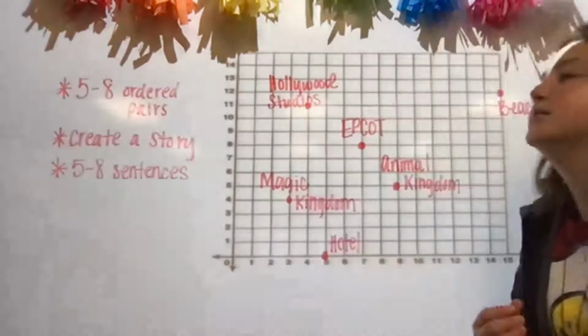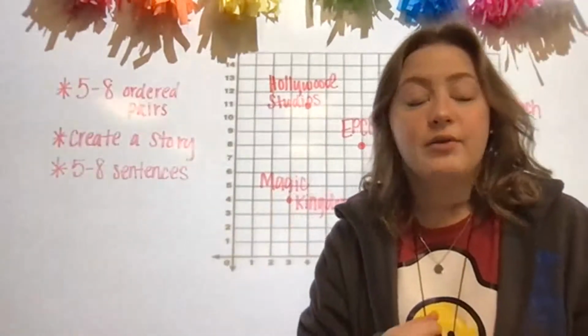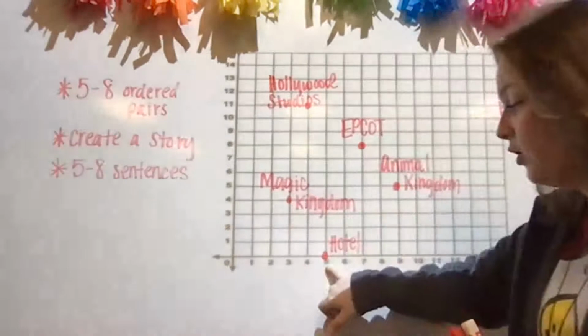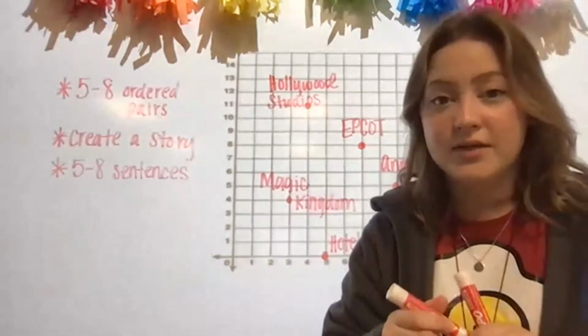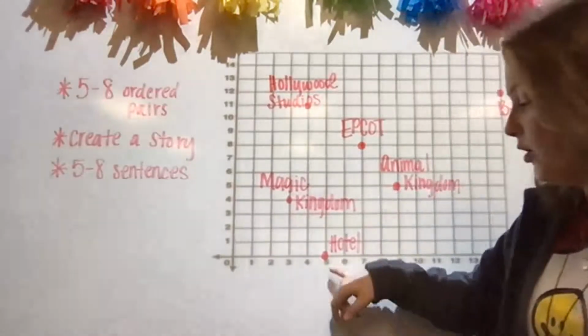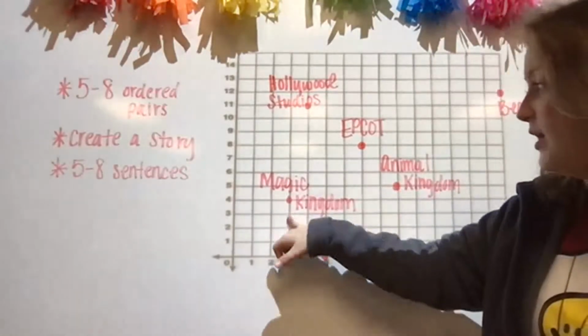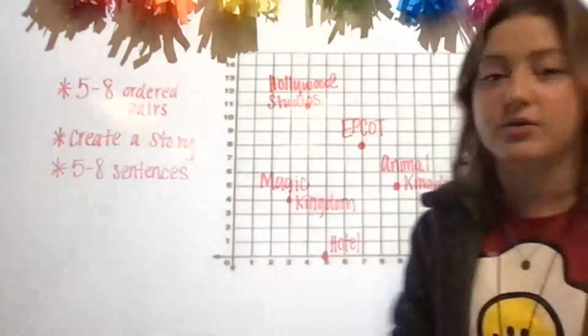So one of my sentences could say, I woke up in Florida at my hotel, okay? But here's the thing, that's not all I want in the sentence. I don't want you to just tell me a story like, oh, I woke up in Disney at my hotel, and then we went to Magic Kingdom, and then Epcot, and then Animal Kingdom, and then Hollywood Studios and the beach, and then back to the hotel.